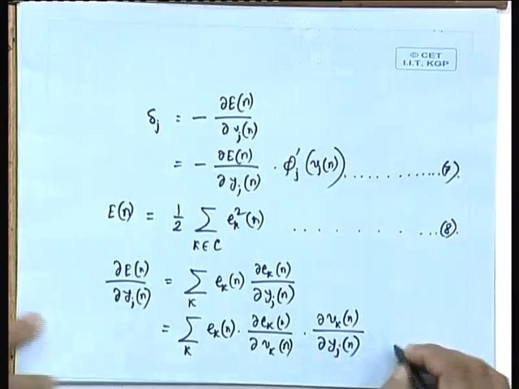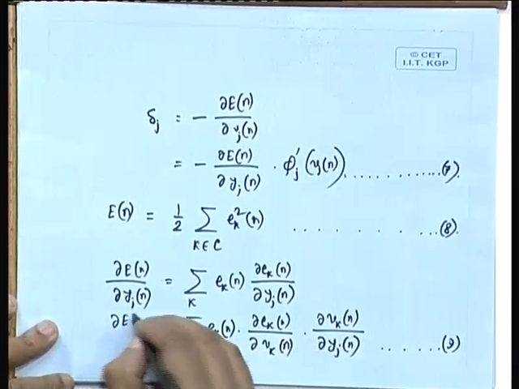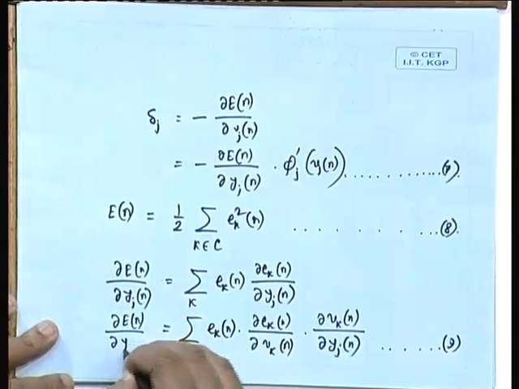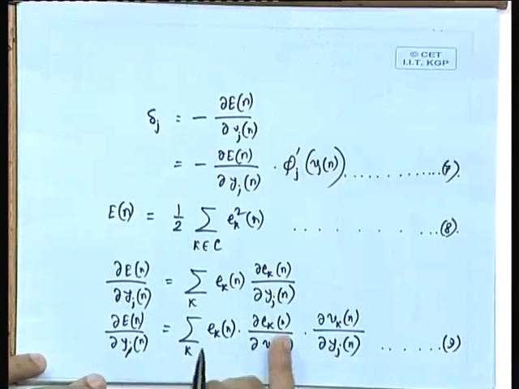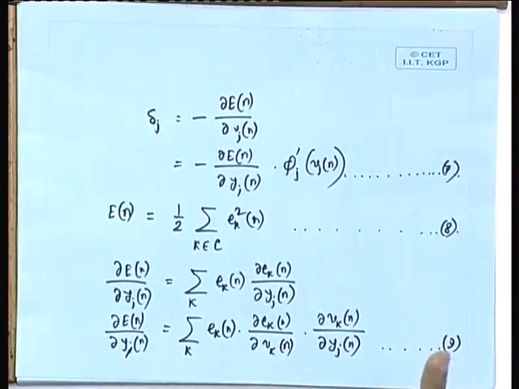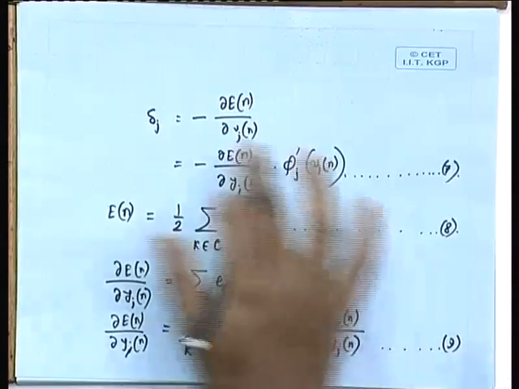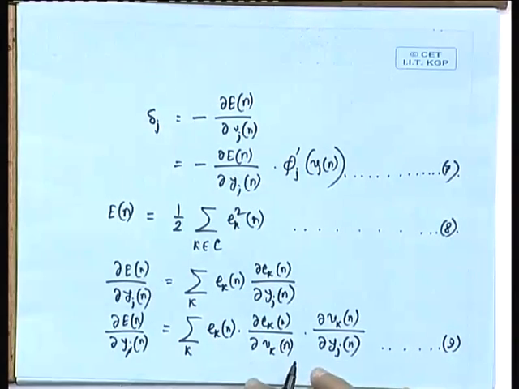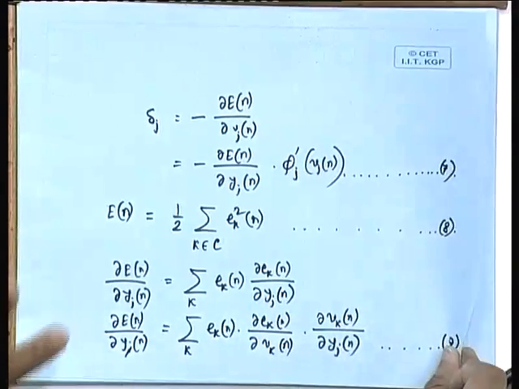If we can do that, let us call this equation number 9, that is dou En dou Yjn equal to this. If we can compute all the components of equation number 9, then we will be in an easy situation to compute the local gradient of the hidden layer neuron, right. So, let us see that dou Ek dou Vk is going to be very easy.